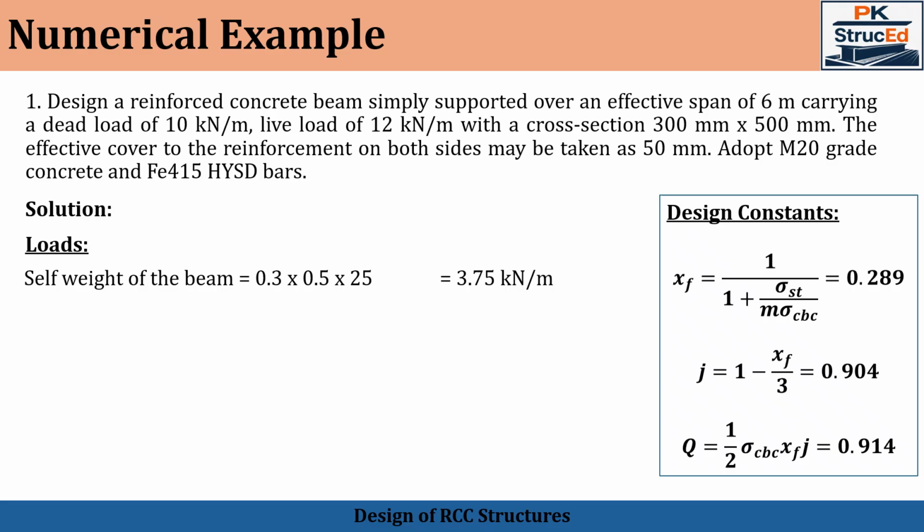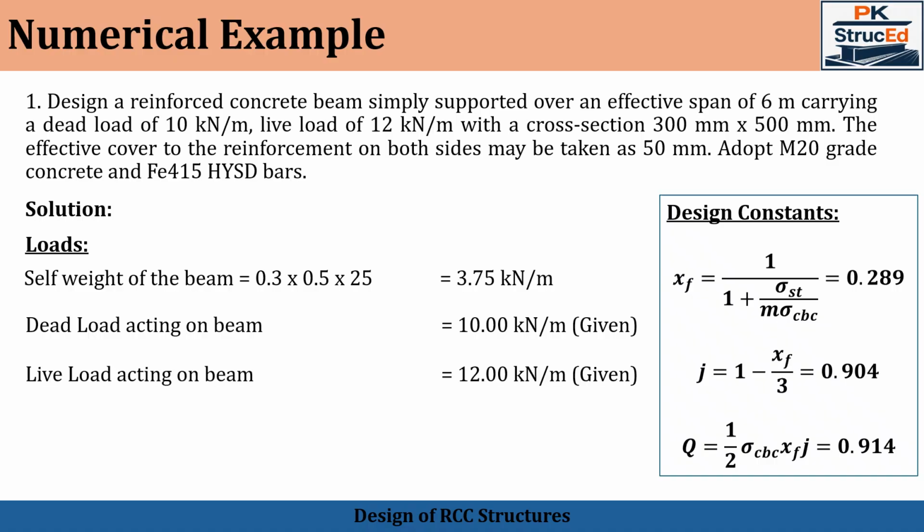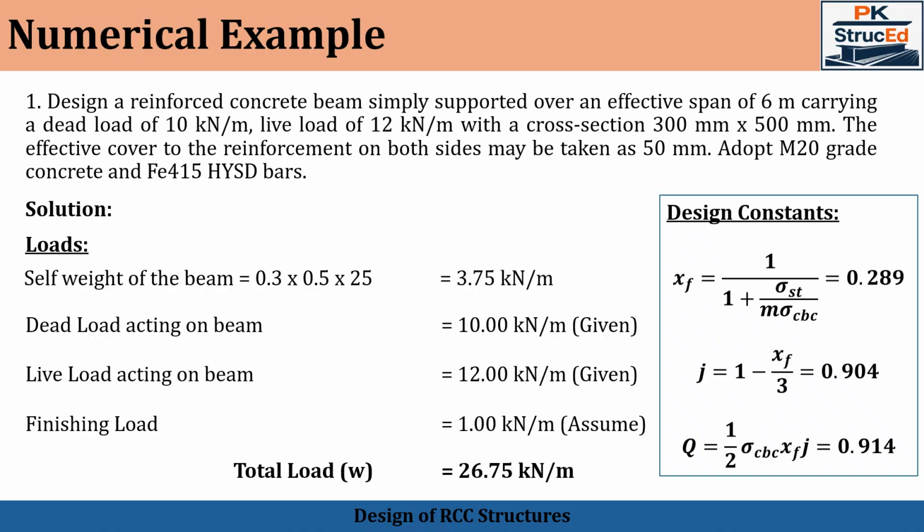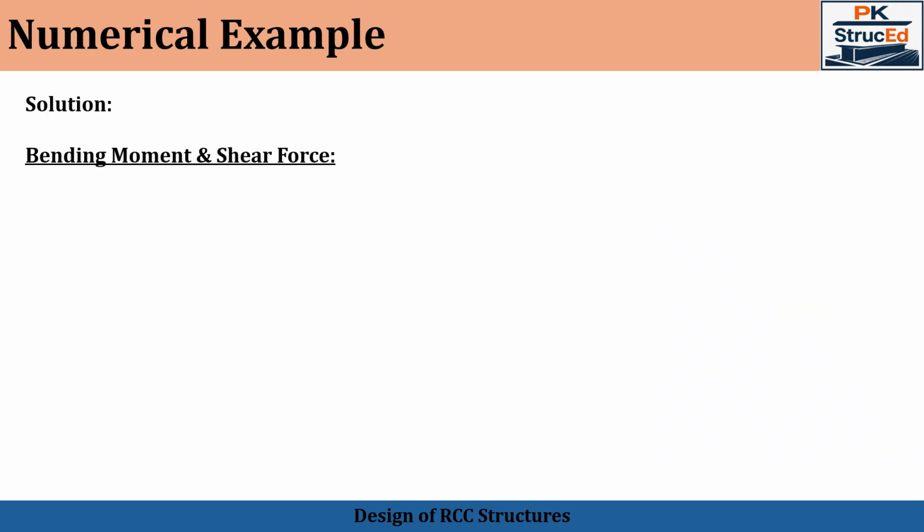Adding all the loads, that is the dead load, live load, as well as the finishing load, we get the total service load as 26.75 kN per meter. One more thing, we need to know that no load factors are used in the working stress method.